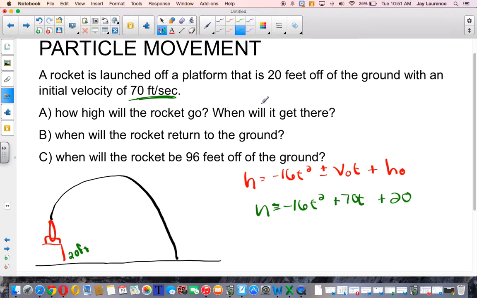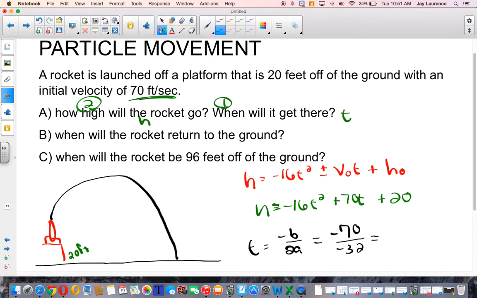Now, question A, actually, I'm going to do this part first, and then I'm going to do that part. You see, this is going to be the t of the vertex, and this is going to be the h of the vertex. So to find a vertex, I use t equals negative b over 2a. All right, and so I'm going to do negative 70 over negative 32.